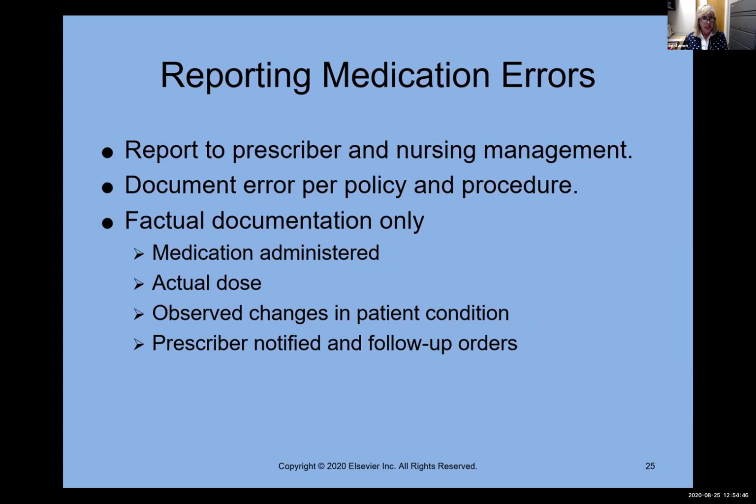Reporting medication errors, we've talked about that. Let's talk just a little bit more about the specifics. If you realize that there's been a medication error, what is the first thing that you do? What about your patient?